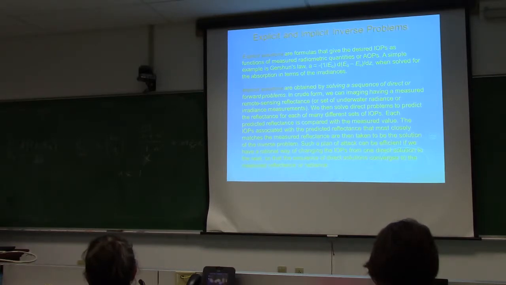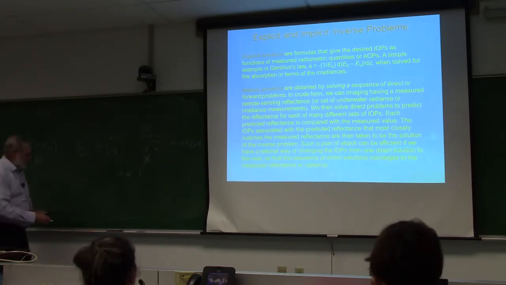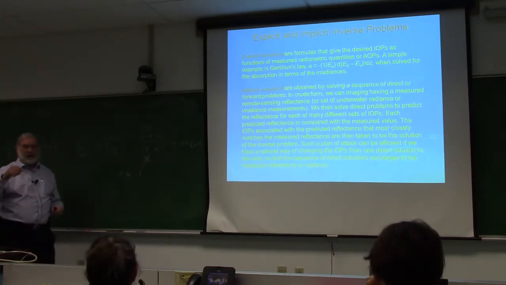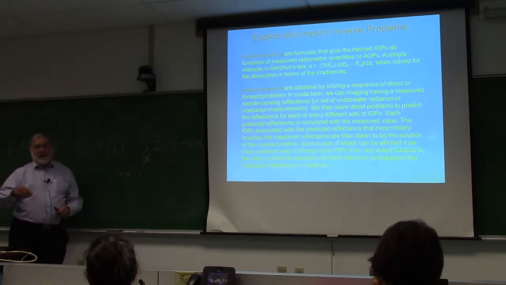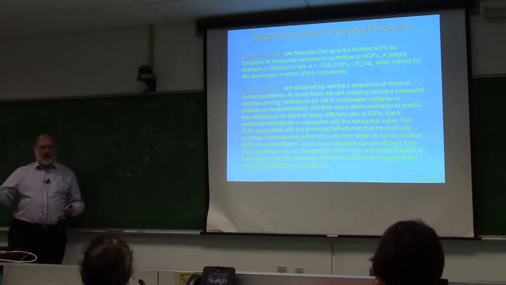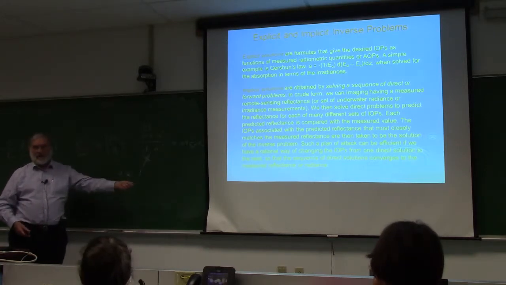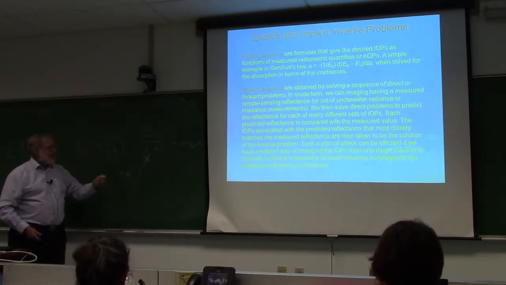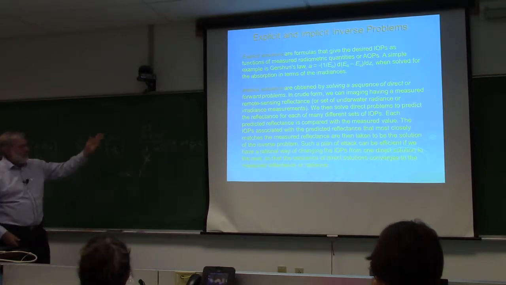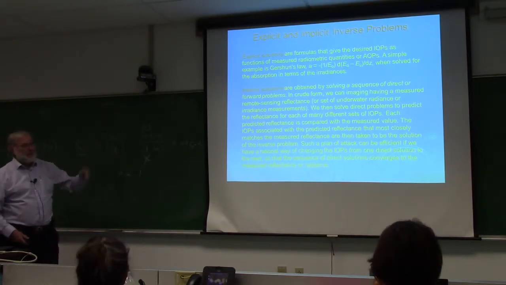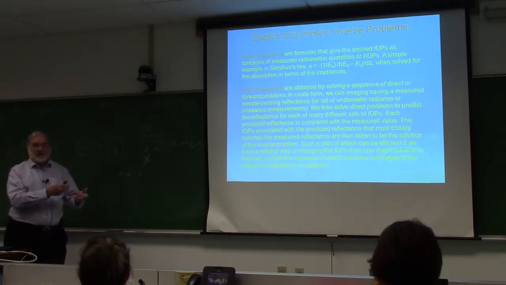An implicit model, you don't have something like this. What you do is you take a forward model like Hydrolight or Monte Carlo, and you guess some IOPs and whatever inputs there are, and you solve the model and you get an answer. Let's say, in this case, for the irradiance or for the remote sensing reflectance, and it disagrees.